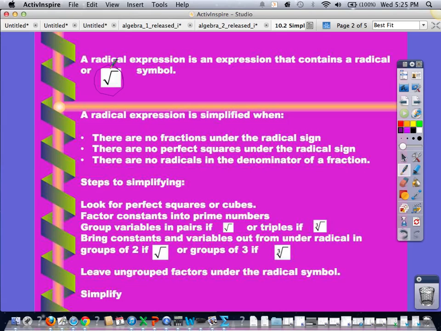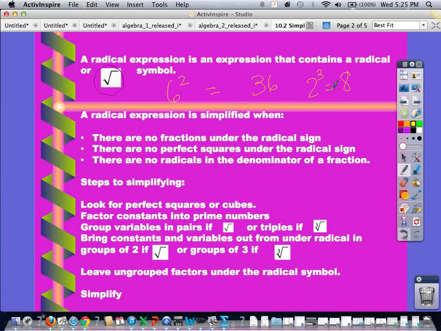First, you're going to look for perfect squares or cubes, okay? Those are things like 36, or a perfect cube would be 8, because 36 is 6 squared, and 8 is a perfect cube of 2.